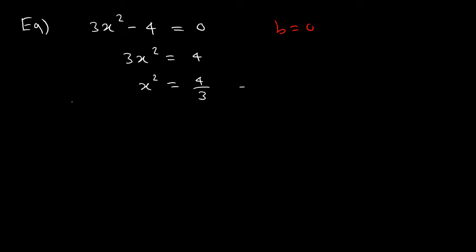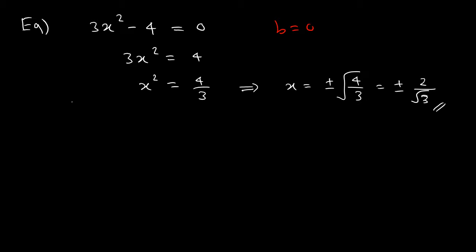Once you take the square root, you're going to get x equal plus or minus the square root of 4 over 3. And if you simplify, you can see that this is 2 over square root 3. You can leave it like that, or you can rationalize the denominator.